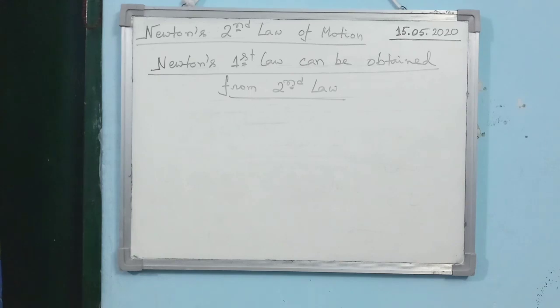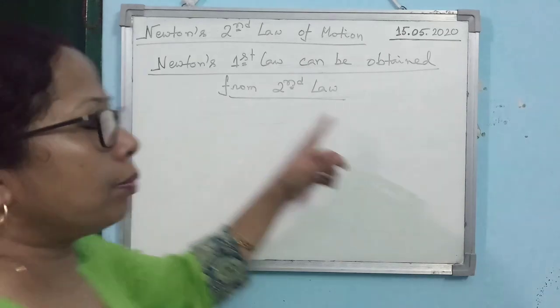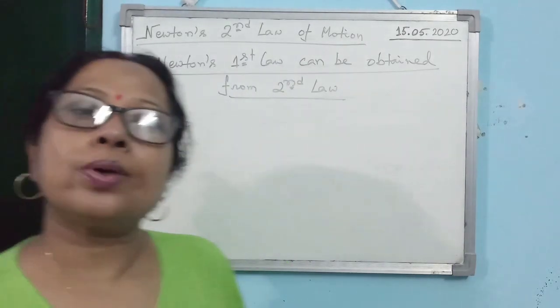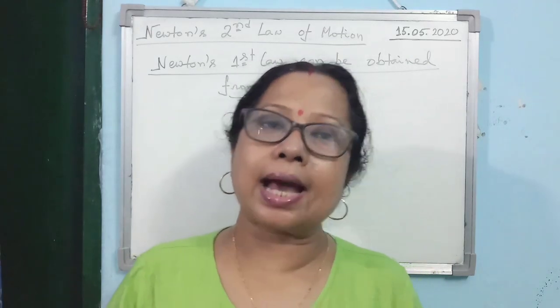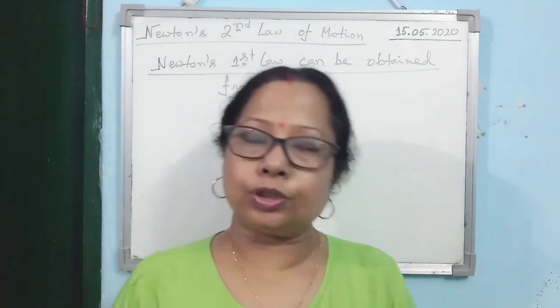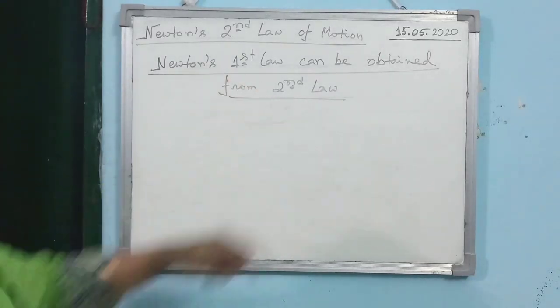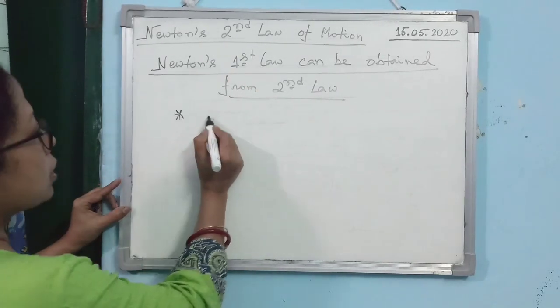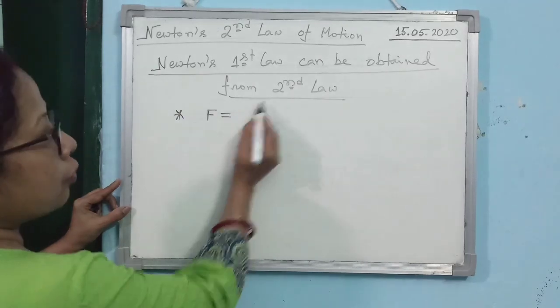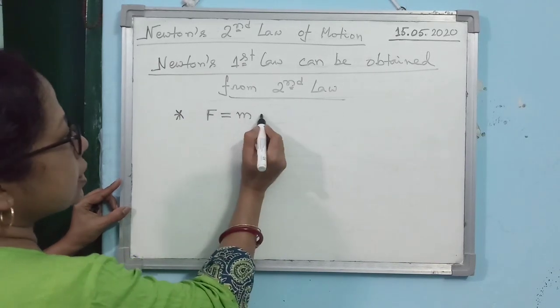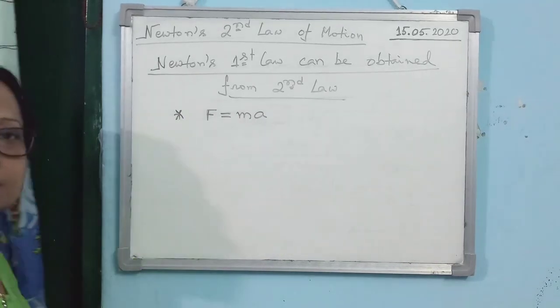Now Newton's first law can be obtained from the second law. That's why the second law is known as the basic law of motion. So how can you get Newton's first law from the second law? Let us start from the first point. Suppose from the second law we have force is equal to mass into acceleration.